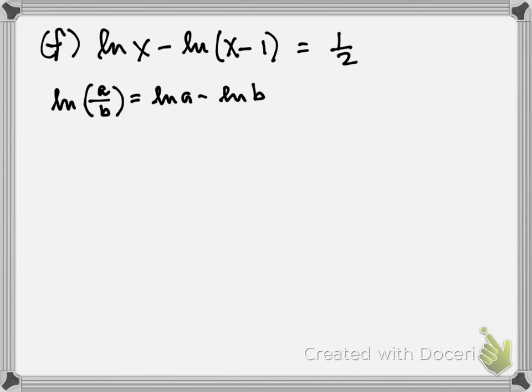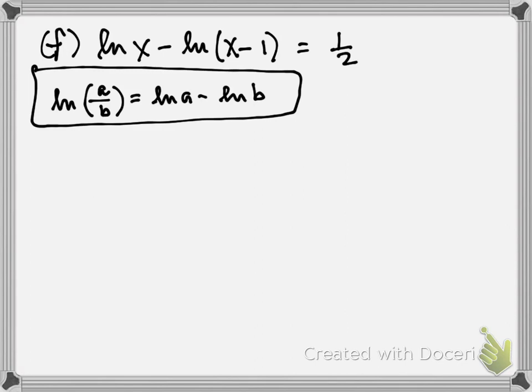But I'm going to use the reverse of this, because what we have is the difference. So my expression will be ln of x divided by x minus 1, since my a is x and my b is x minus 1, equals 1/2.